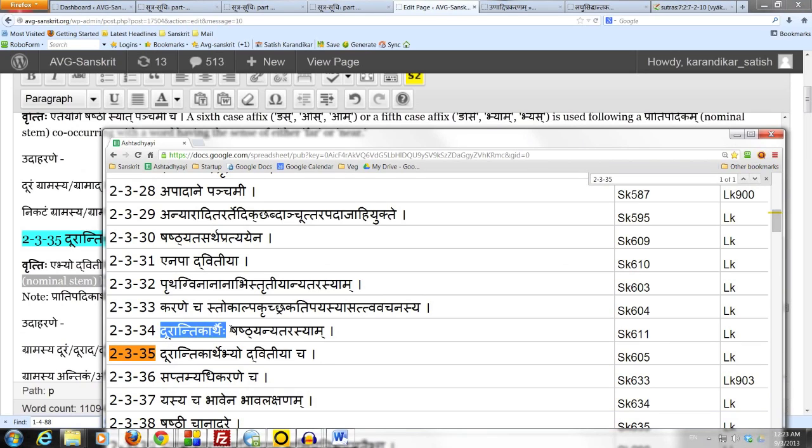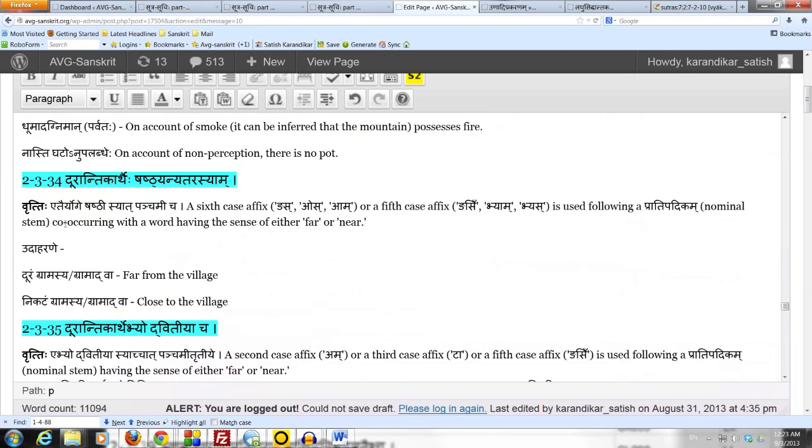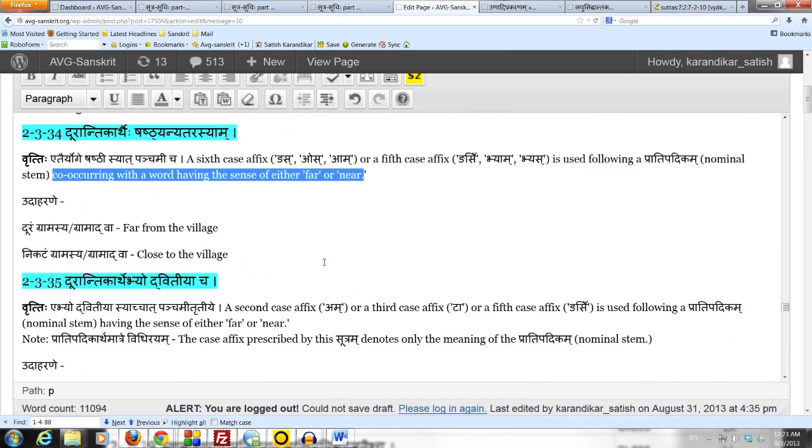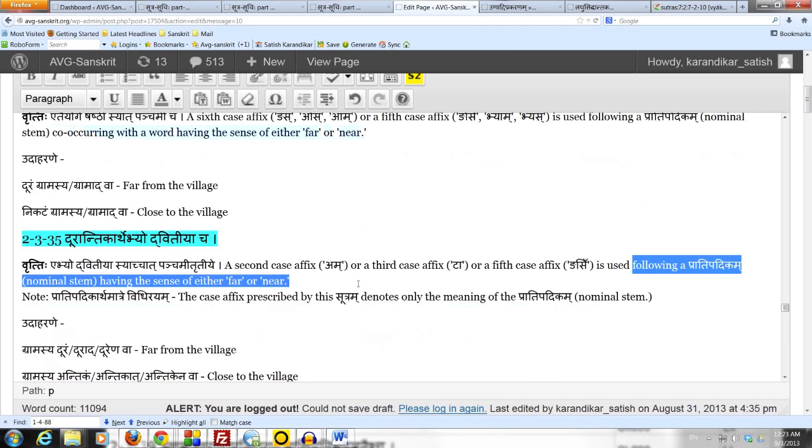The critical difference here is that 2.3.34 prescribes a case affix following a pratipadikam that connects with this word having the sense of far or near, while 2.3.35 prescribes a case affix following that pratipadikam itself, which has a sense of far or near. So please keep this distinction in mind.